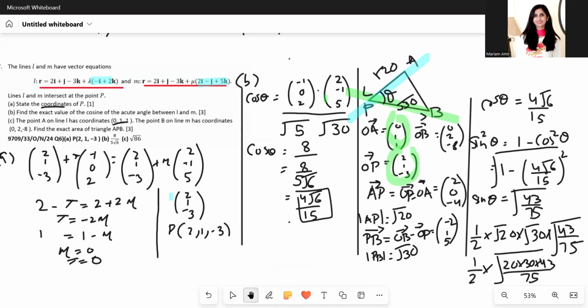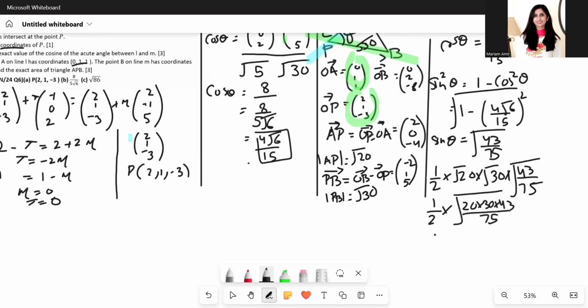Now this gives me half square root 344. And when I multiply half with square root of 344, that gives me root 86, which is the exact area.